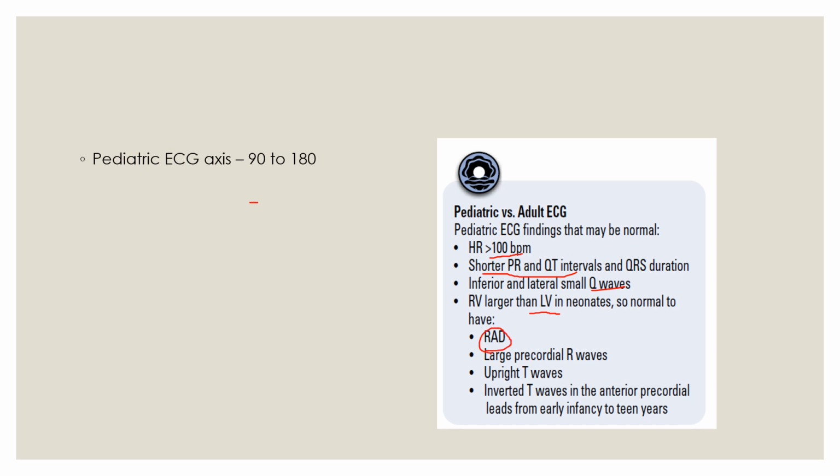That is why in adults our normal axis is minus 30 to plus 90, but in pediatrics there is a little bit of right axis deviation, so they have 90 to 180. Axis is a bit deviated to the right. Large precordial R waves, upright T waves. You don't need to know all of these things. You have to know the right ventricle is a bit larger than the left ventricle, and usually the heart rate is higher.